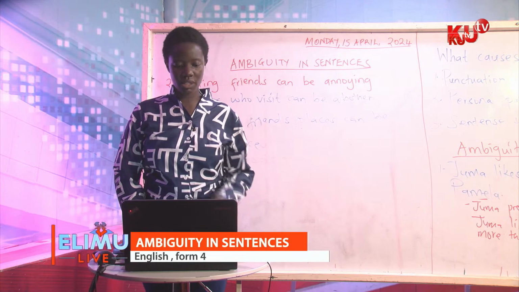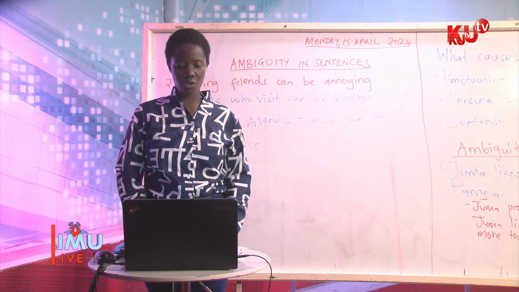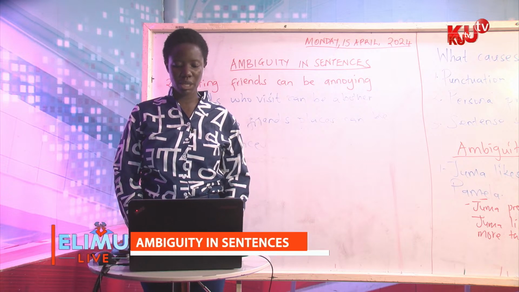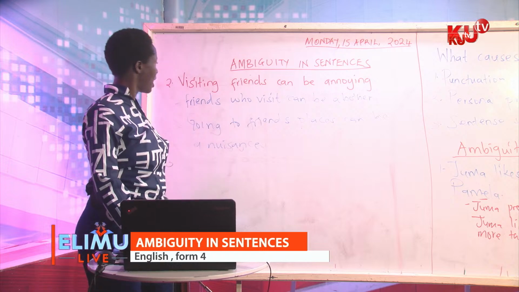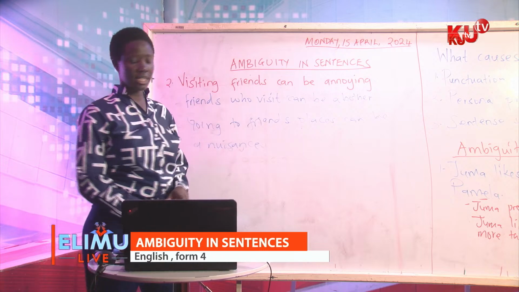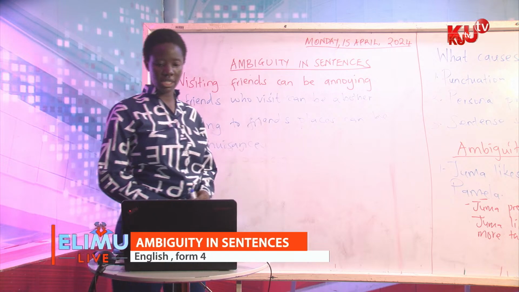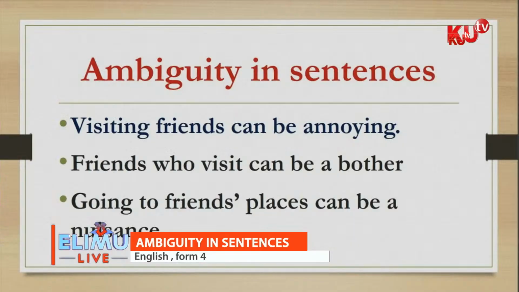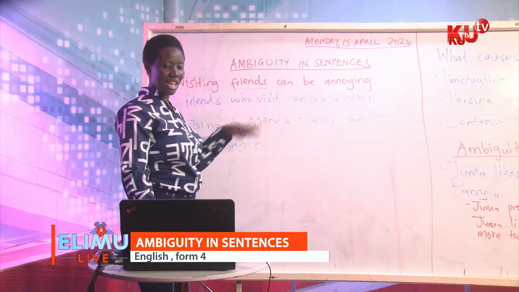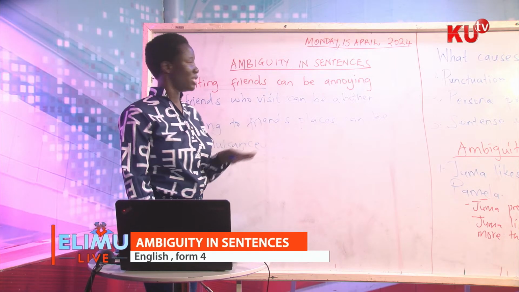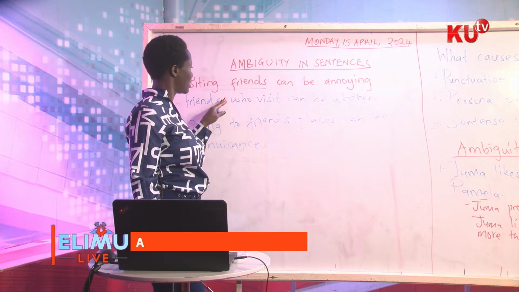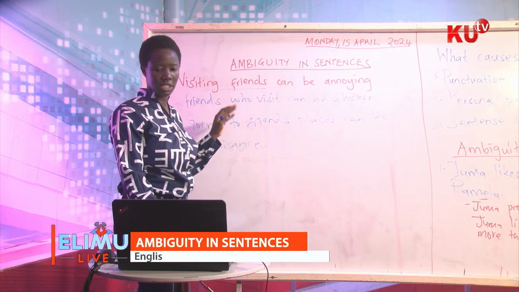Let us first look at the first meaning of visiting friends can be annoying. Here, let's look at visiting friends as the subject of this sentence. Visiting friends are the friends who visit, and so in this case this becomes the subject of the sentence.